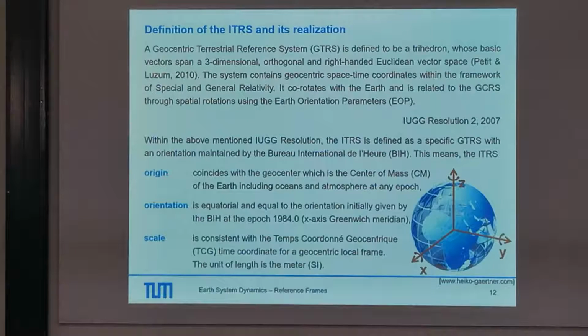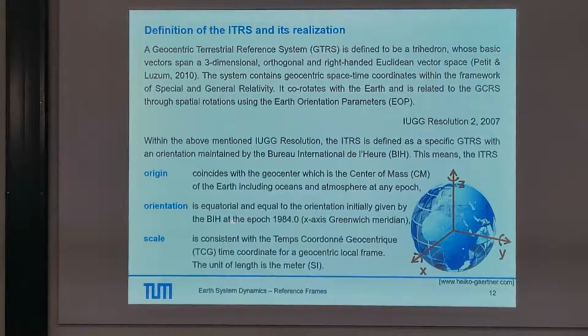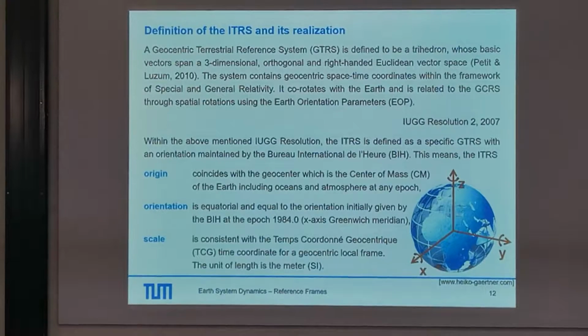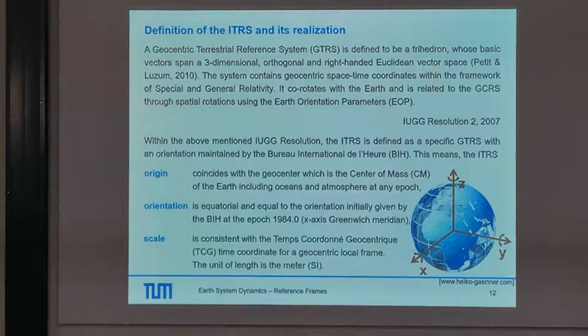The orientation is an equatorial orientation, which means that x and y, or at least two of these axes, lie in the equatorial plane, the plane spanned or realized by the equator. And the third axis is then, since it is a three-dimensional orthogonal system, perpendicular to these, which coincides roughly with the Earth's rotation axis.